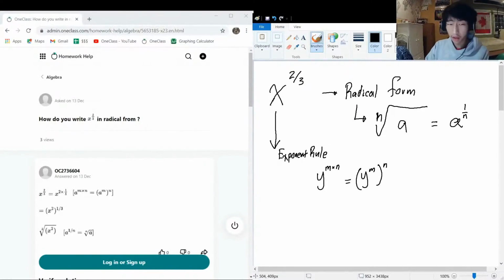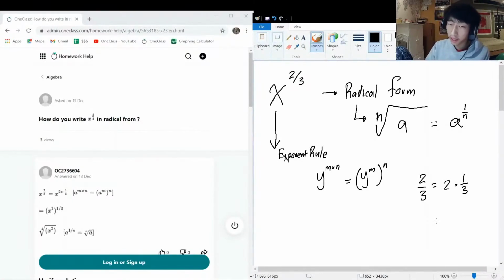Another way that we can write this is y to the m, all to the n. Now we want to apply that principle here because we know that 2 over 3, we could rewrite as 2 times 1 over 3, right? And then we have exactly what we want: a fraction with 1 in the numerator, the 1/3, and then the multiplication by 2, we can keep under the root of the radical form.